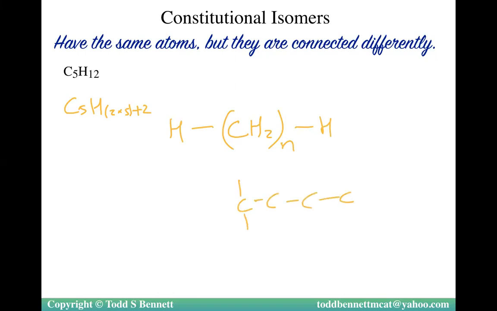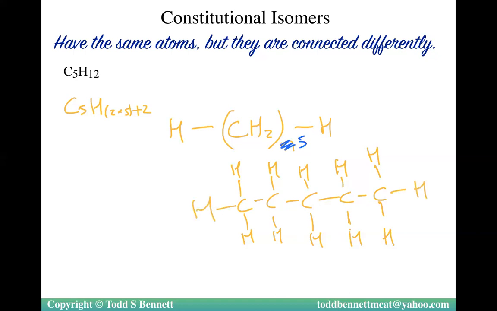Let's do 5 of these. Each of these 5 is an interior carbon. I call them interior because I'm going to put H's at the end. This would be the case where n is equal to 5, and then I'm going to dangle 2 terminal H's off the end.